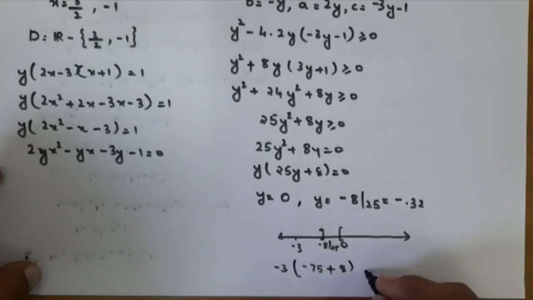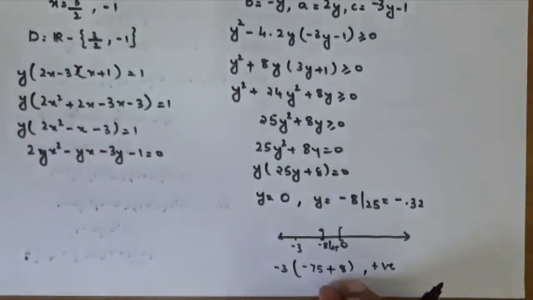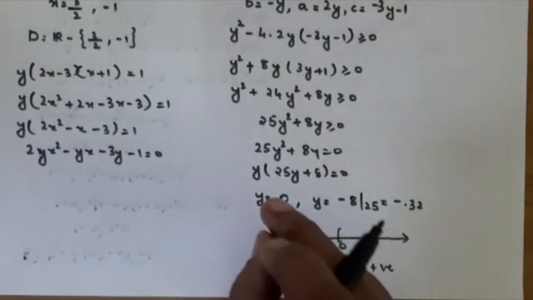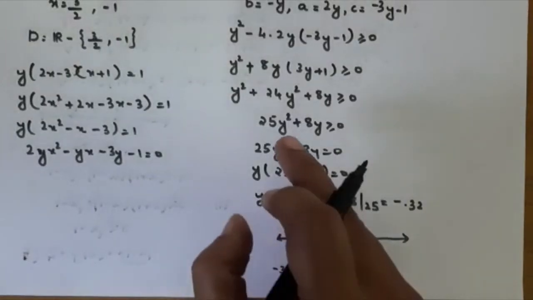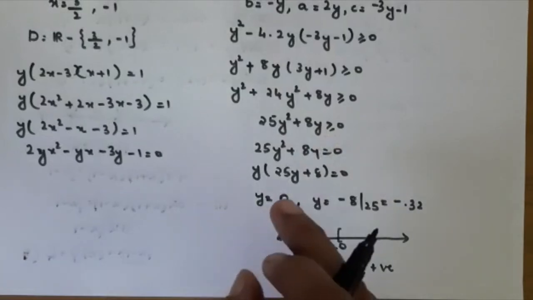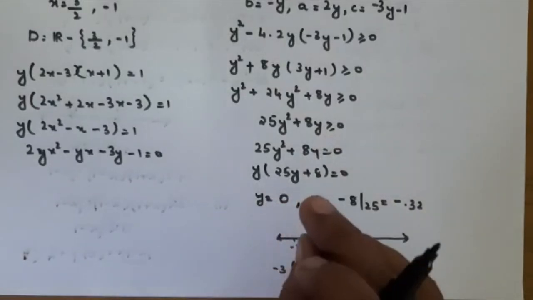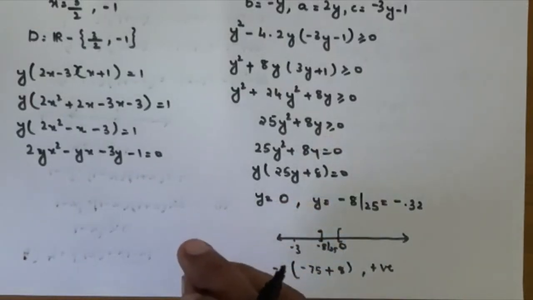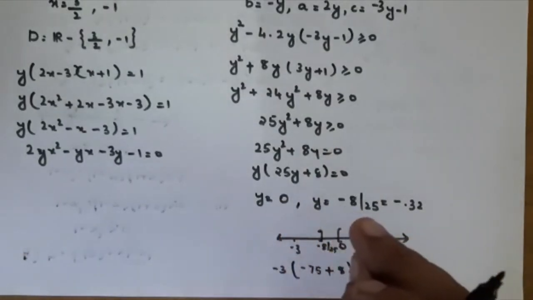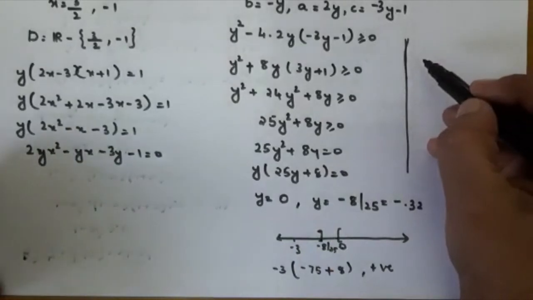Negative into negative is positive. Therefore, a value of y taken from the first part definitely satisfies this inequality, 25y square plus 8y greater than or equal to 0. Therefore, this part, which is from minus infinity to minus 8 by 25, can be a part of the range.